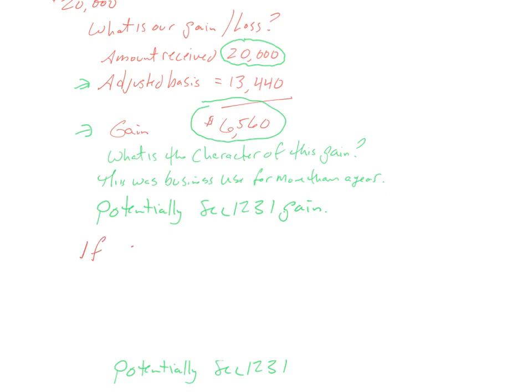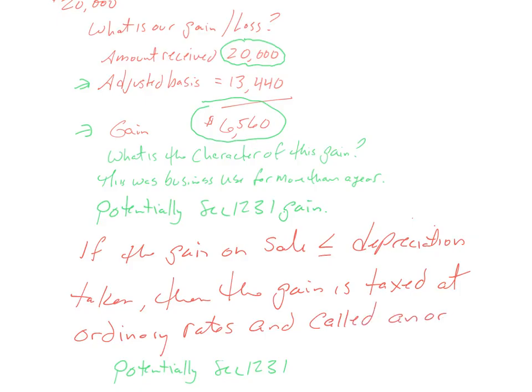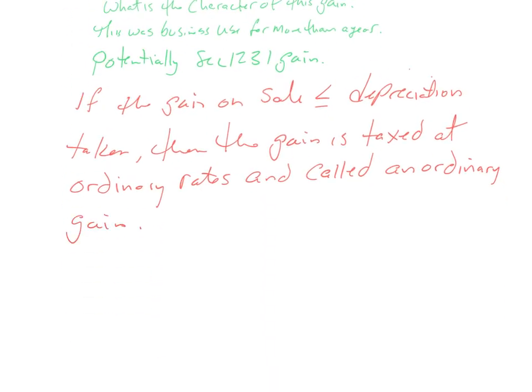If the gain on the sale is less than or equal to the depreciation taken, then the gain is taxed at ordinary rates and called an ordinary gain.